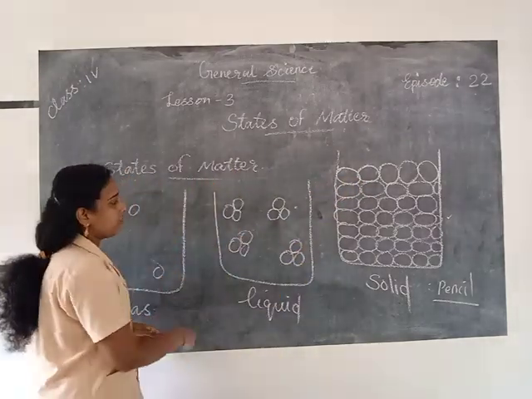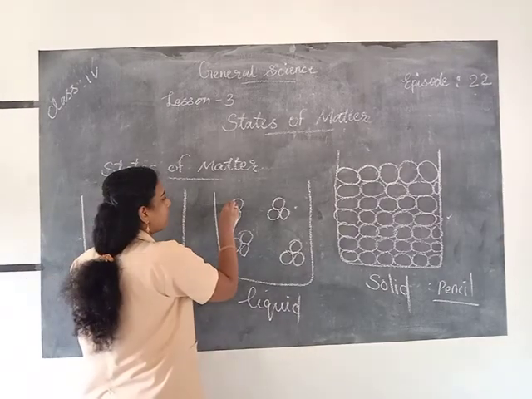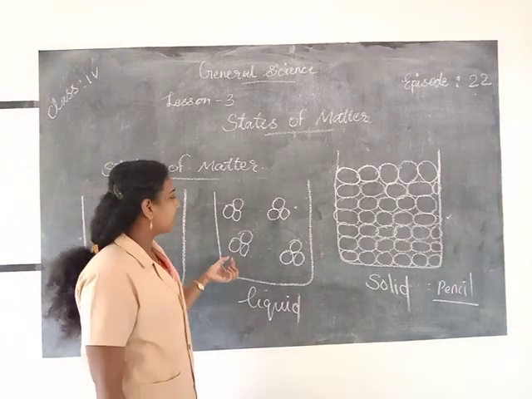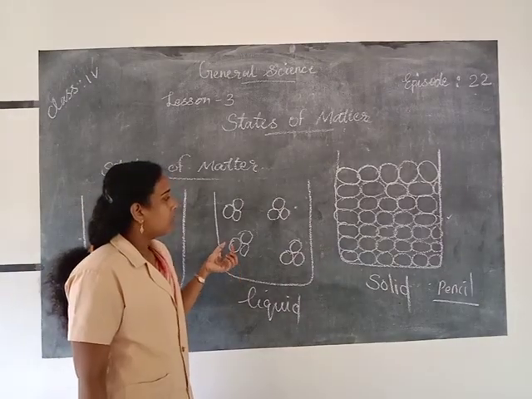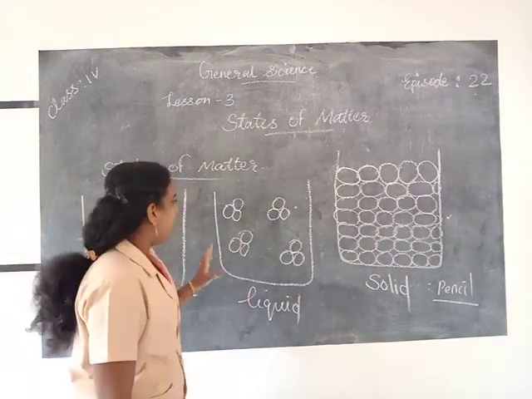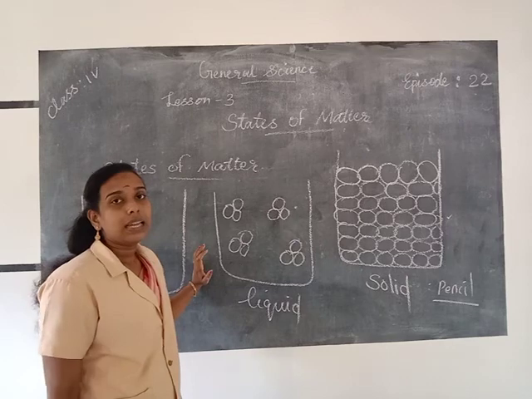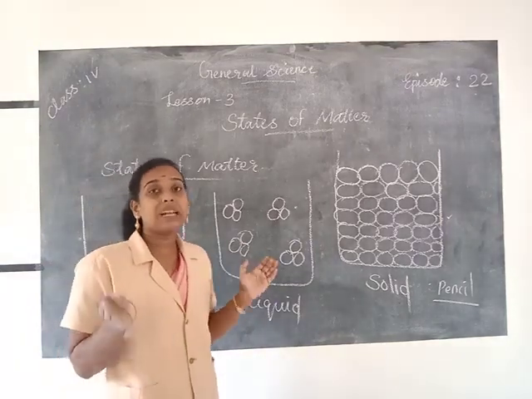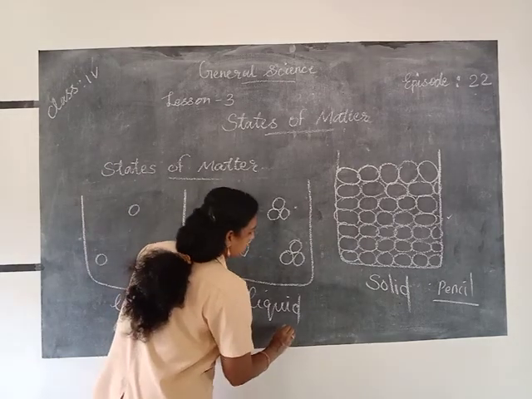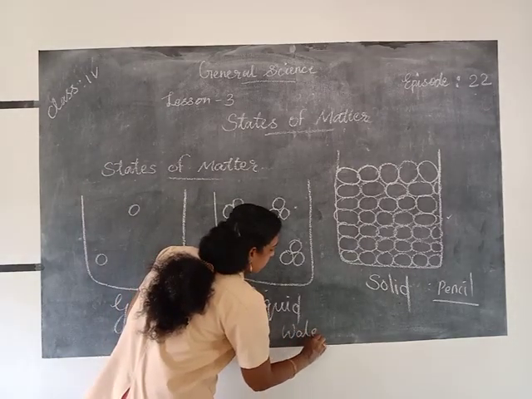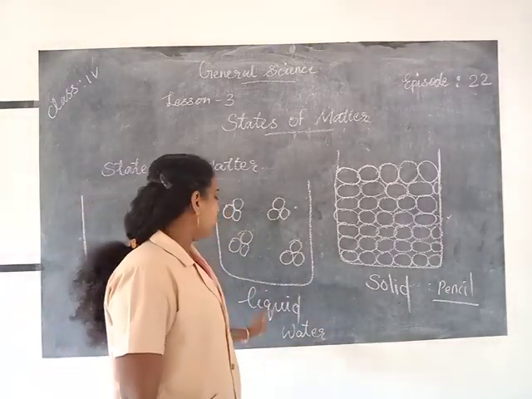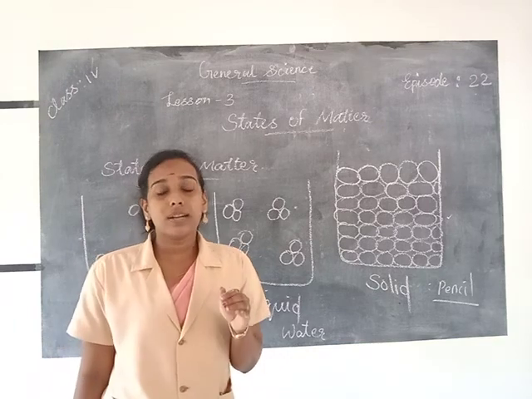Then in liquid state, the molecules are loosely packed and the attractive force is smaller than in solids. In liquid state, a liquid has no fixed shape but it has fixed volume. For example, water is an example of the liquid state of matter, and water takes the shape of the container.